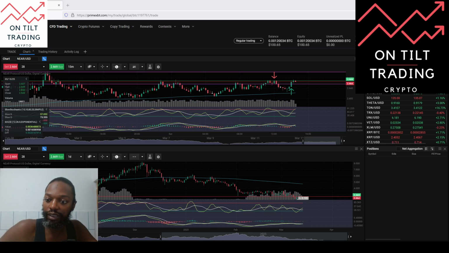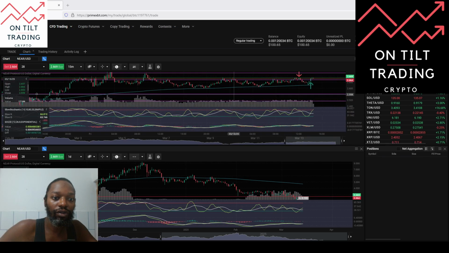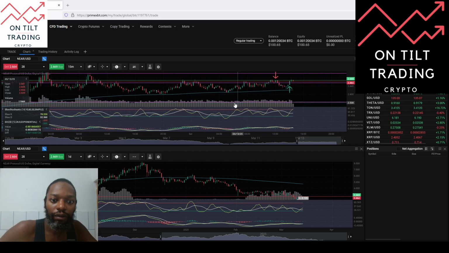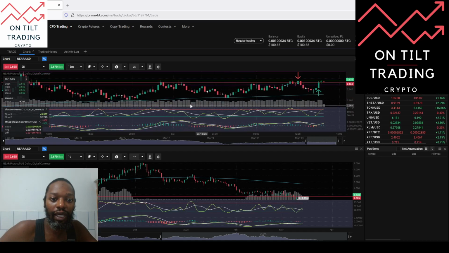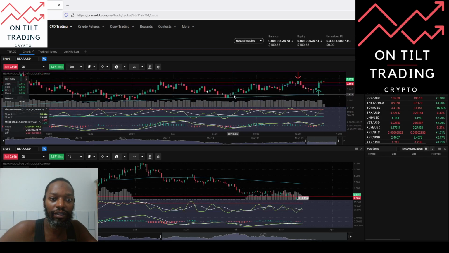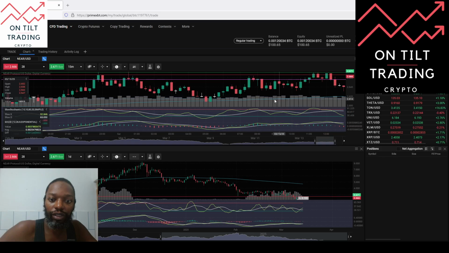We'll zoom in to take a closer look at my entry. So actually, we can see here in this area, this morning we have Near Protocol testing R3, and we can back it up a little more. The previous day, it looks like it's trying to sell off, but we'll get a little closer to the open.